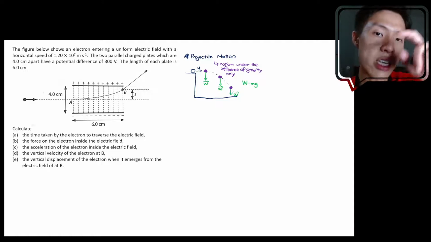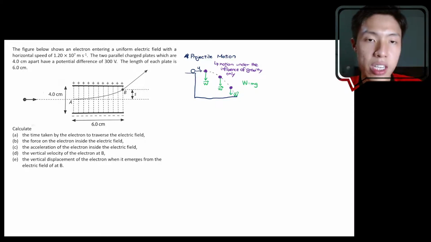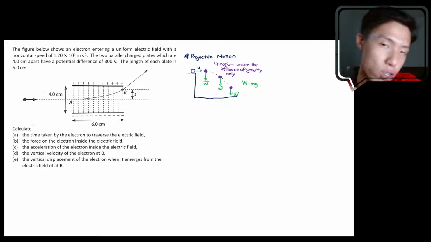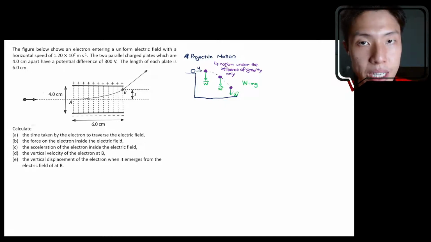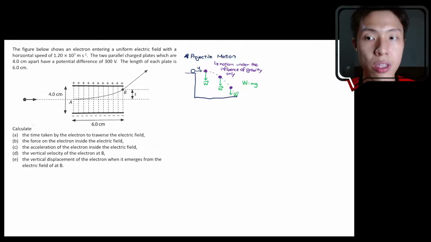So if your object is experiencing a force of constant magnitude and constant direction, and the ball travels like this, it will follow a horizontal projectile path. This is what happens in projectile motion.